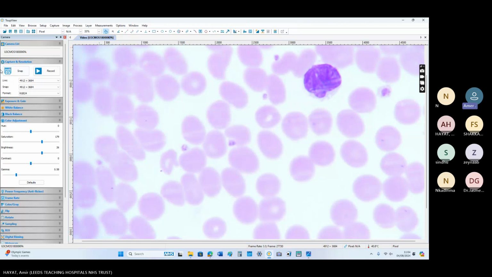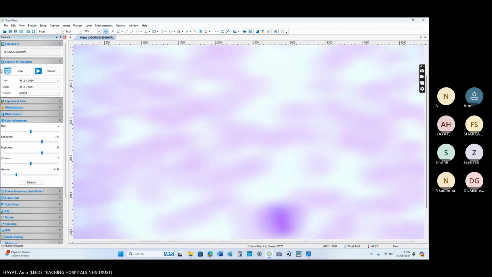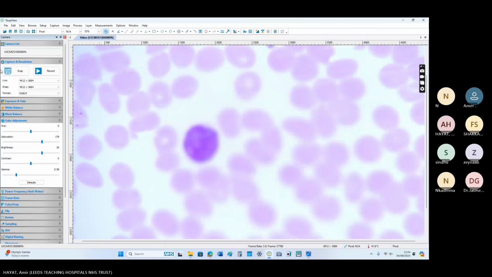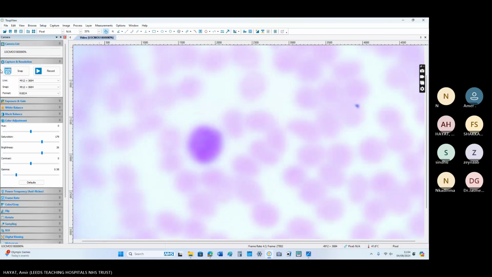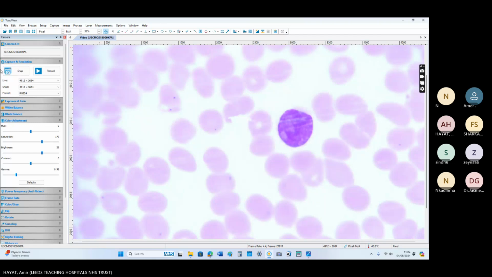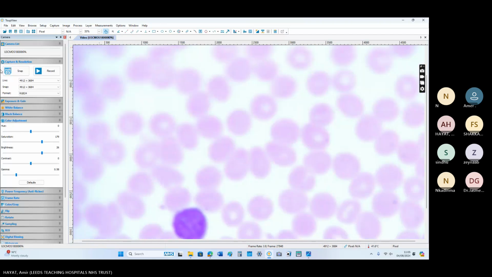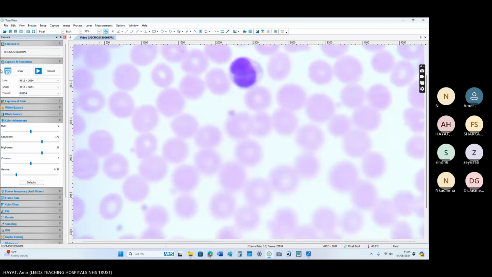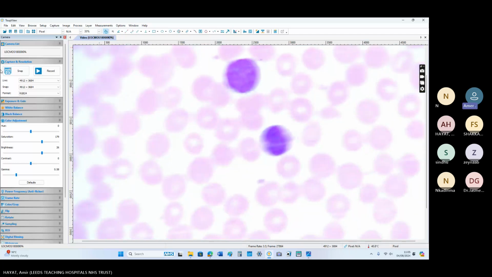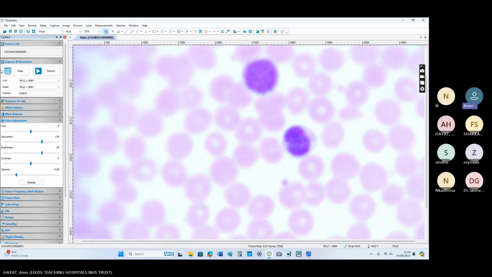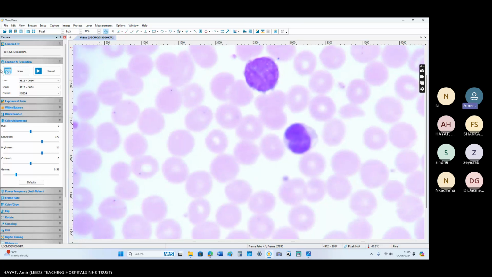So these cells have a lot of lines in the nucleus as well. And this one is just like a brain shape with a brain stem as well. So this one has a lot of cerebriform lines, the top one.